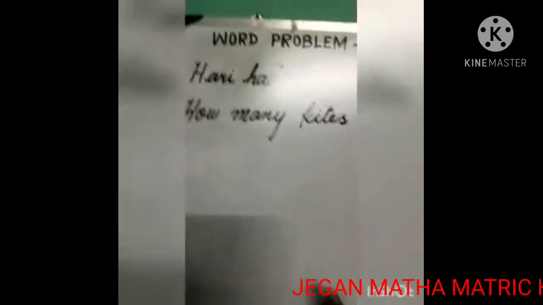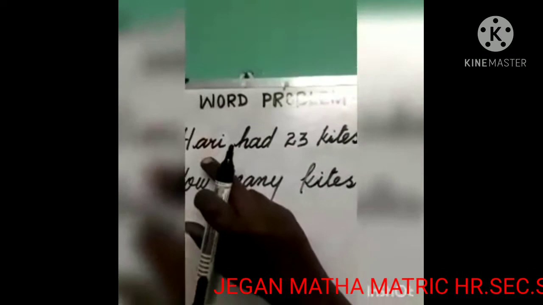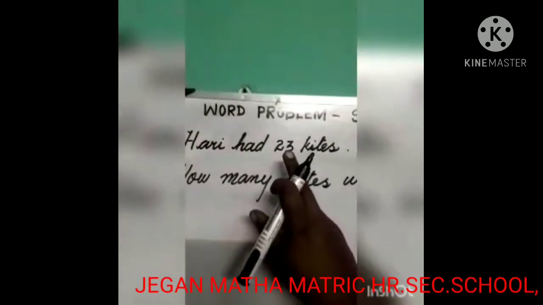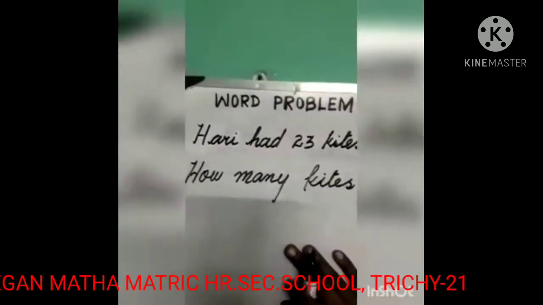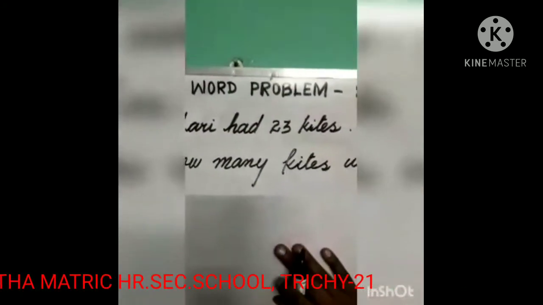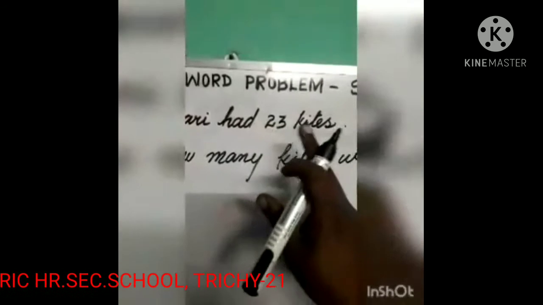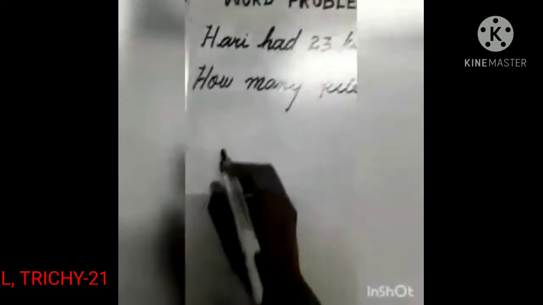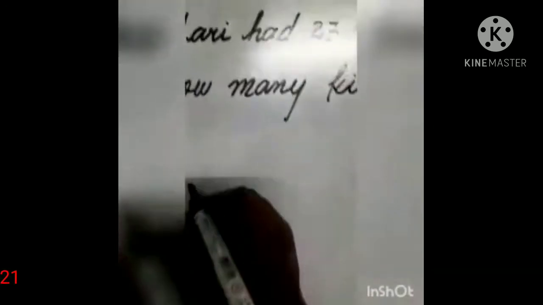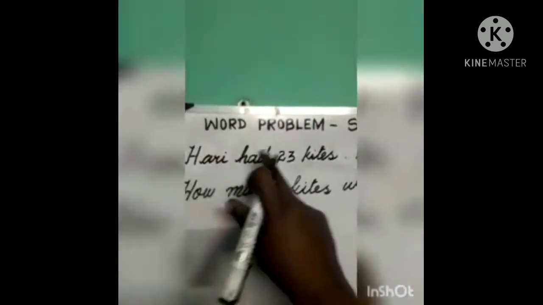Okay, listen. Hari had 23 kites. Number of kites Hari had is 23. In a word problem, we must write this.